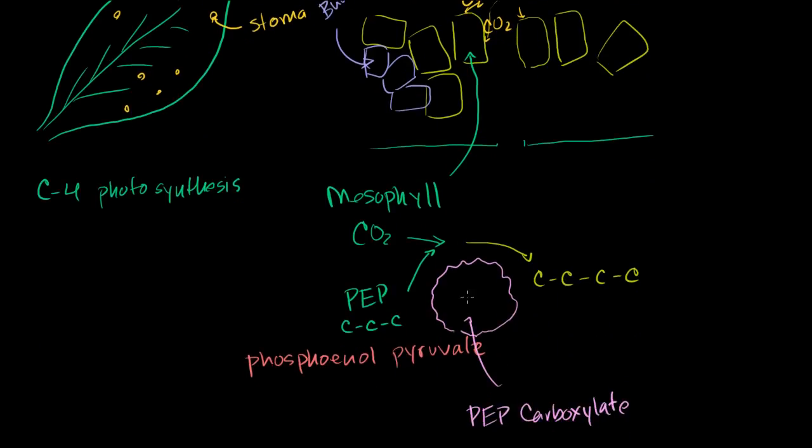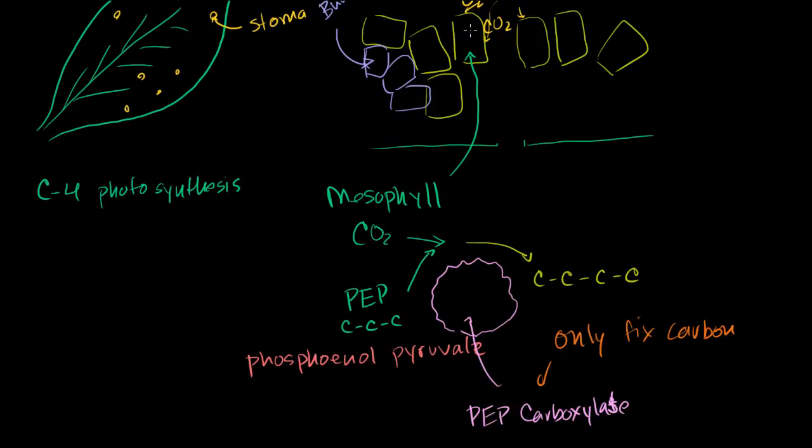But now we have something that reacts PEP, our phosphoenolpyruvate, with carbon dioxide. So it's called PEP carboxylase. Actually, this is carboxylase, not carboxylate. It's an enzyme. And what's special about PEP carboxylase and why it's useful in preventing photorespiration is that it can only fix carbon, not oxygen. So you can imagine this is occurring in the mesophyll cell.